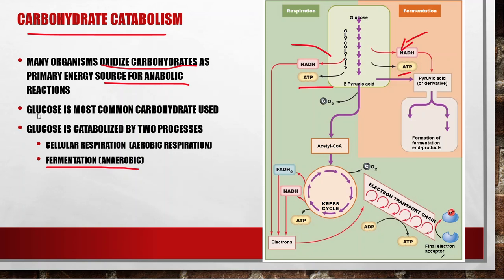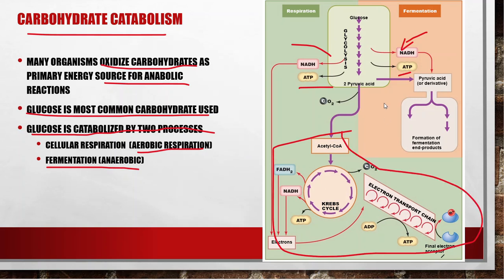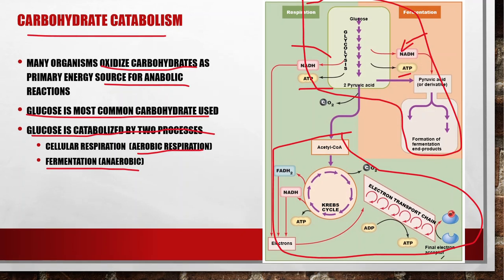So glucose is going to be one of the most common carbohydrates used. It's a great energy molecule. That's why we use it. A lot of animals use it. A lot of microbes use it. With the glucose, you can do aerobic respiration, which is this whole part right here, or you can do just anaerobic, which is just that part right there.